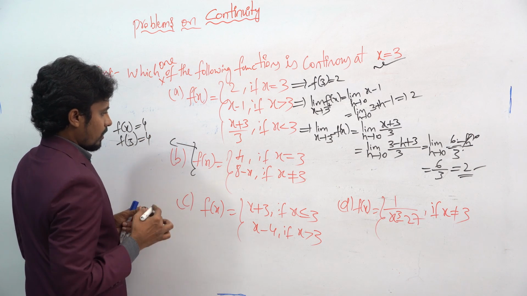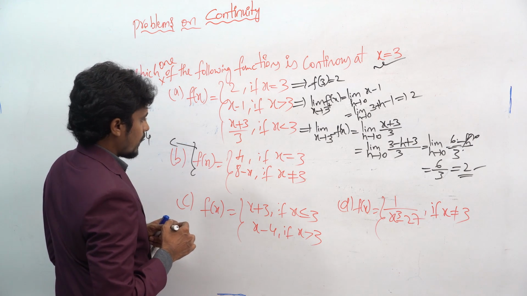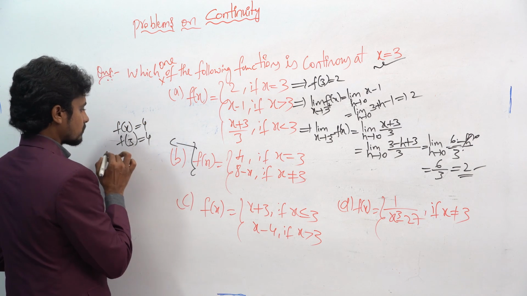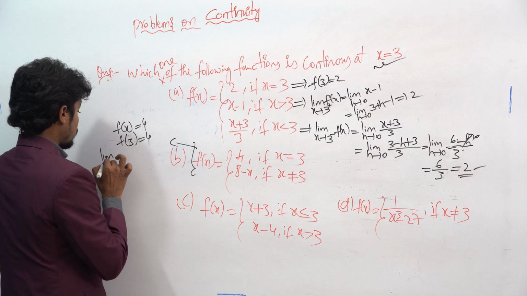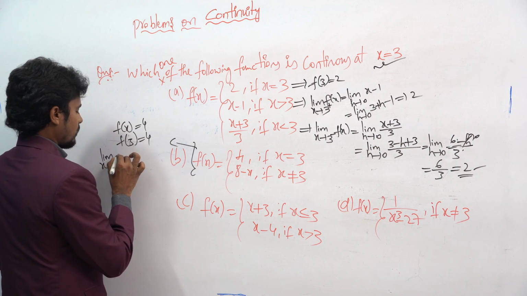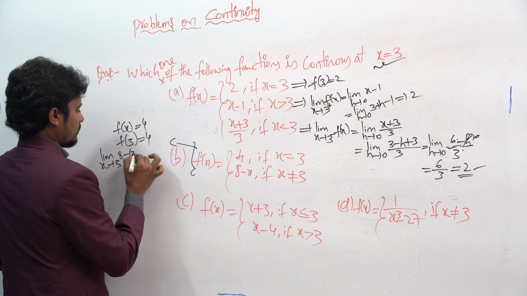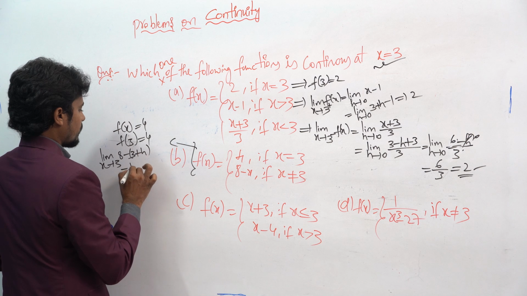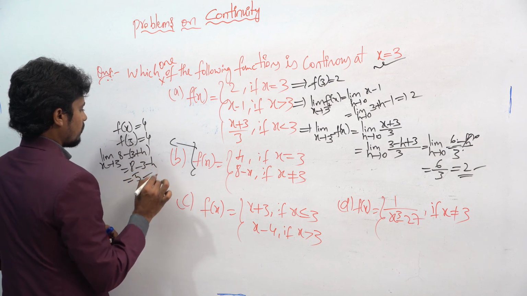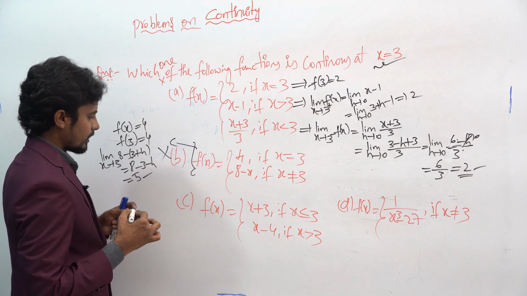And next, for x not equal to 3, simply take the limit x tends to 3 of 8 minus x, with x as 3 plus h. So what will happen? 8 minus 3 minus h. So this will be 5. So this will be the wrong answer. Here you will get 4, here you will get 5.